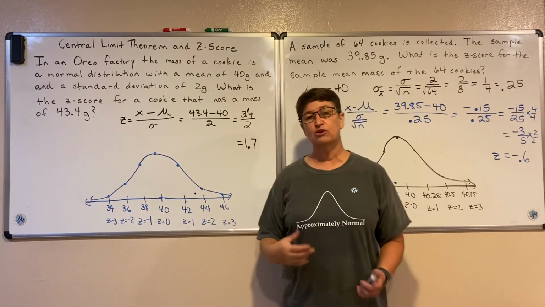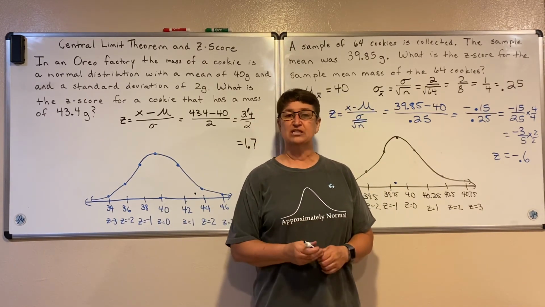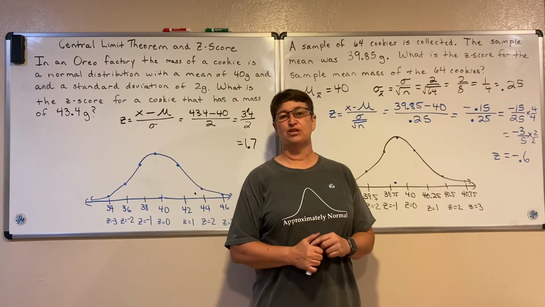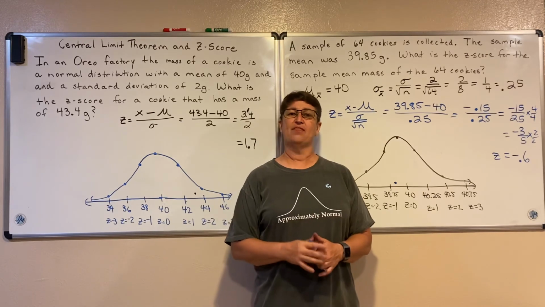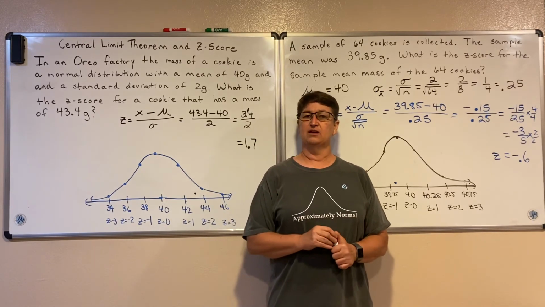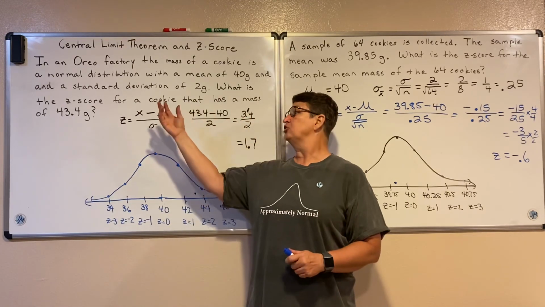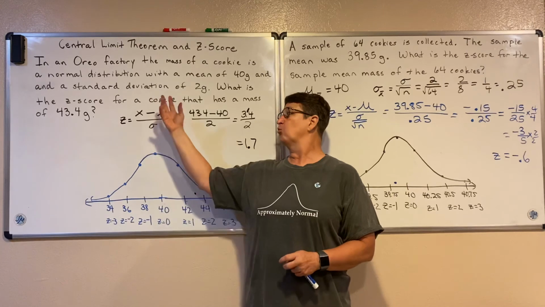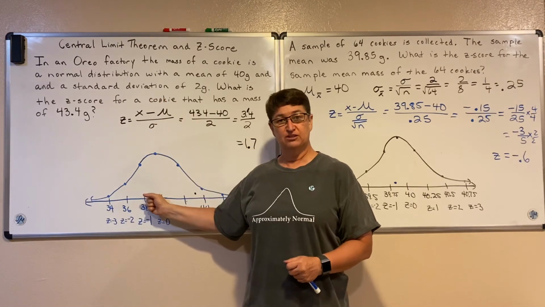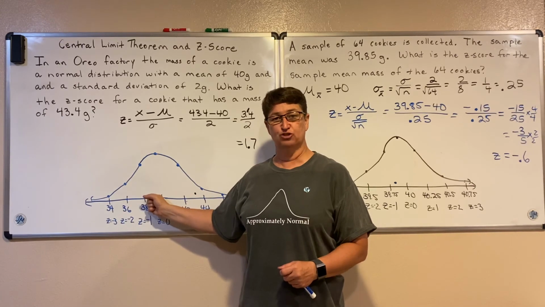So the z-score tells us a little bit about our data value. It specifically tells us how many standard deviations above or below the mean that data value is. And also notice that when it was just one cookie that I was pulling out, then that one cookie was part of this normal distribution.